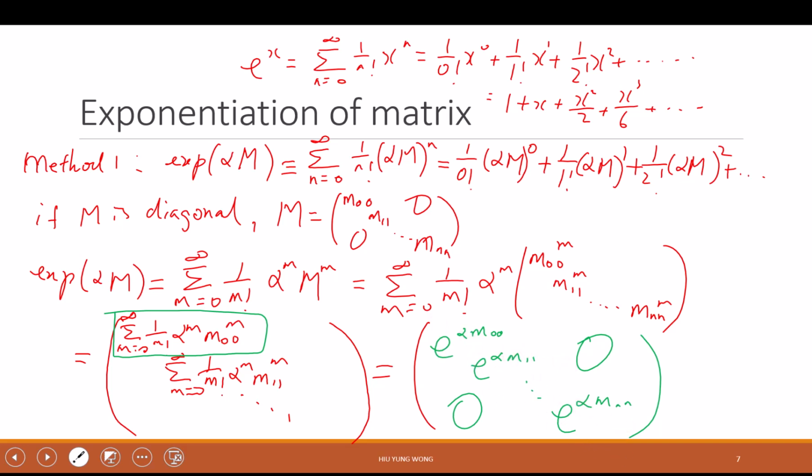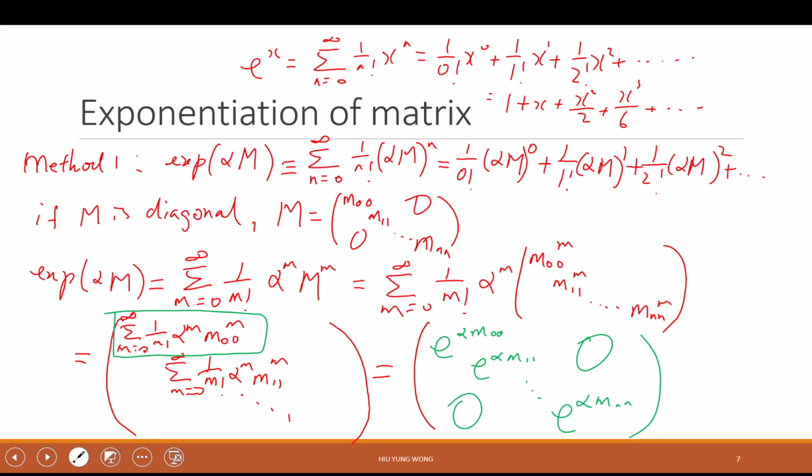So this shows that if your matrix is diagonal, I can just exponentiate it by putting this exponential into the diagonal elements, right? I was trying to exponentiate alpha M, which is a matrix, and M is M00 all the way to Mnn. Now the result is just a matrix with exponential alpha M00, exponential alpha M11, exponential alpha Mnn, right?